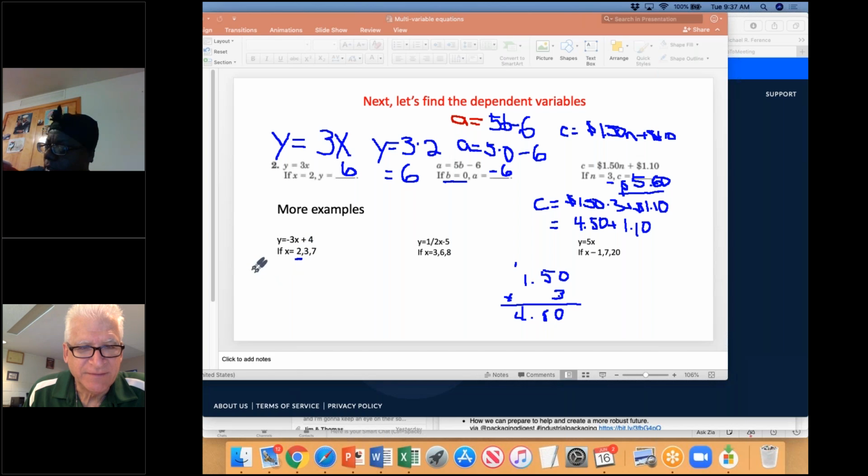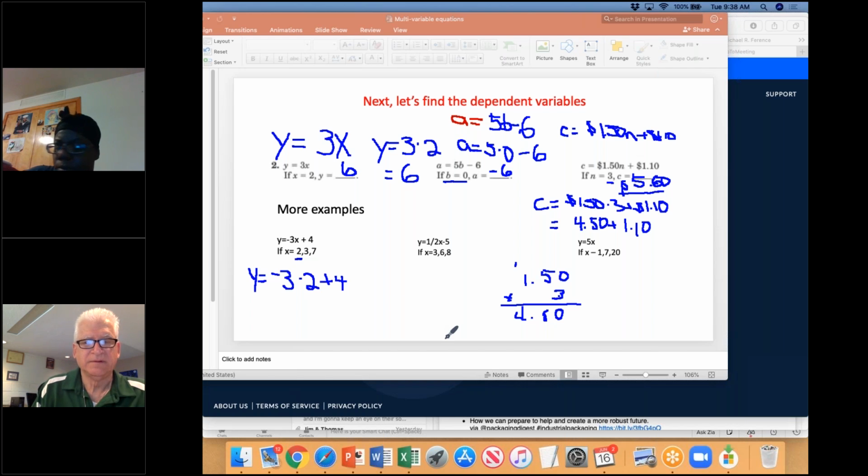Okay, so if x equals 2, we have y equals negative 3 times 2 plus 4. I don't know why I keep putting y equals 6 plus 4.